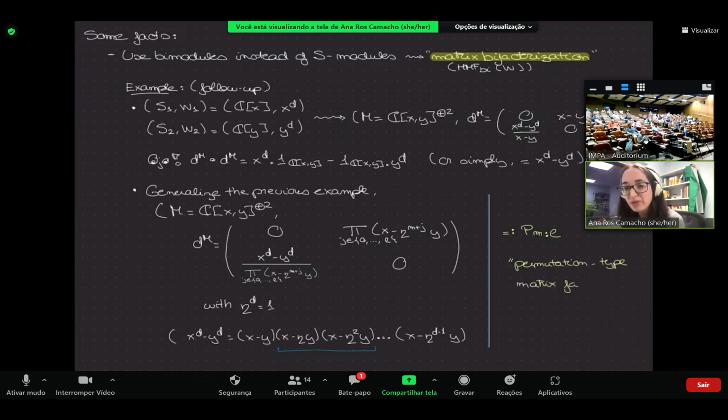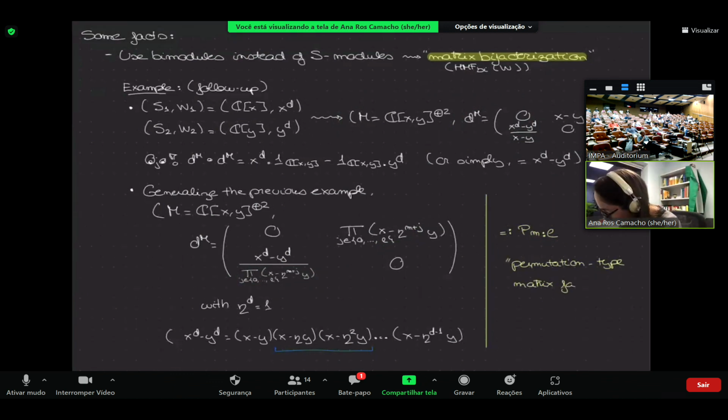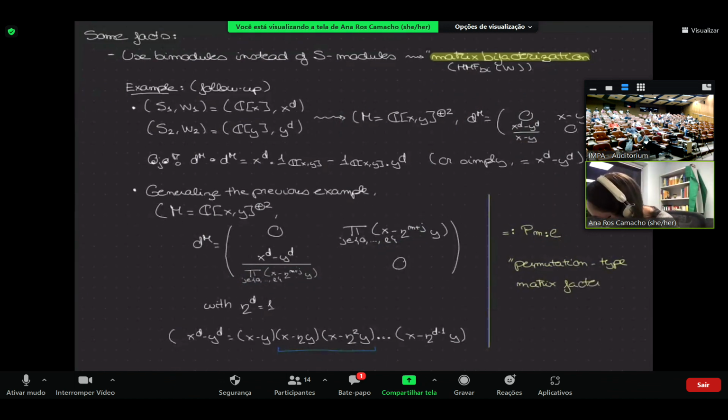Actually, it should be a bifactorization, but that's the case. And again, keep this one in mind because they're going to be important for us.